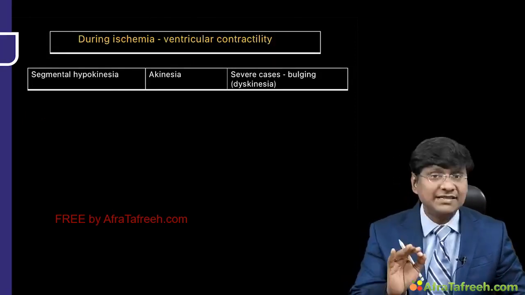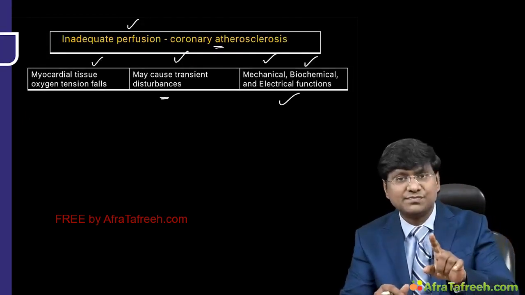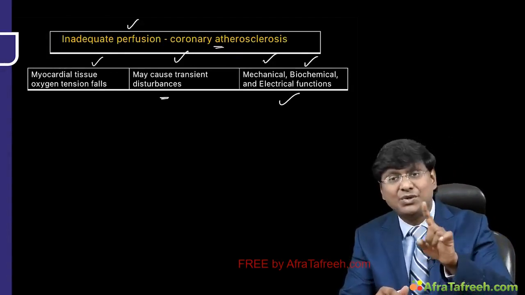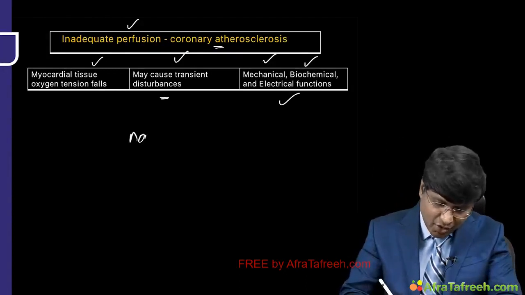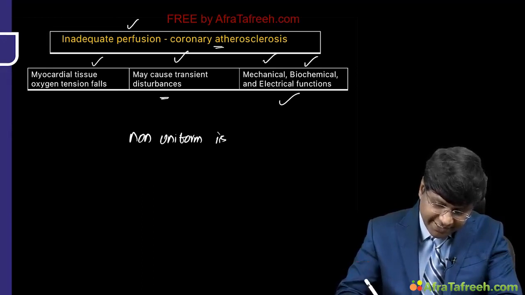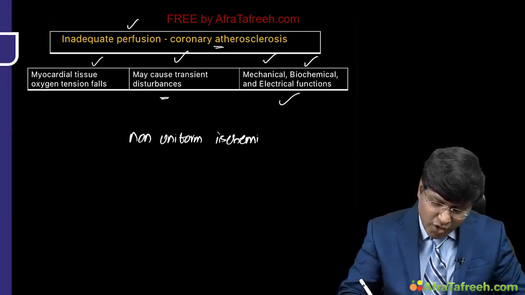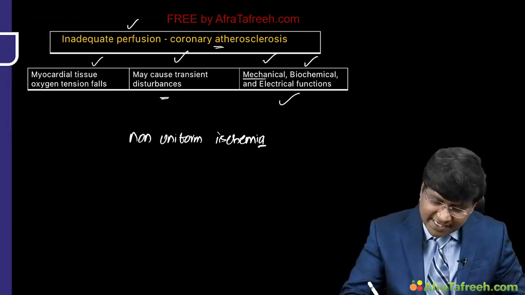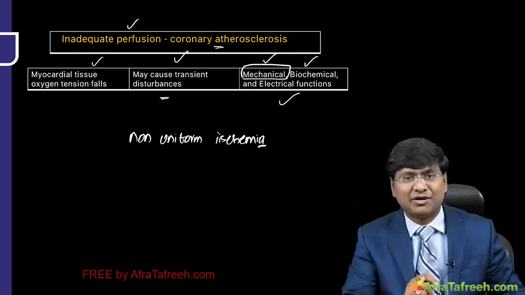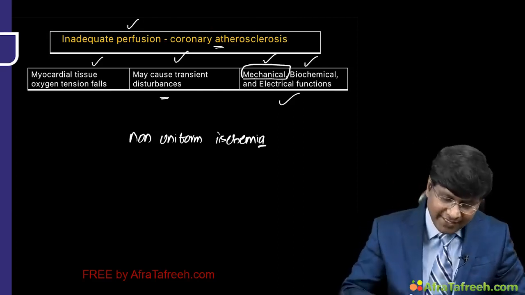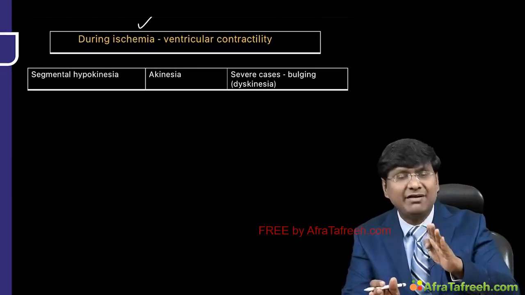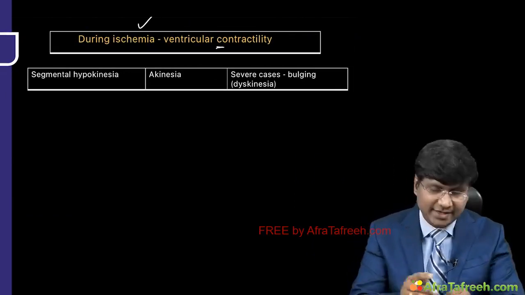And remember, coronary atherosclerosis is a segmental and focal process that usually causes non-uniform ischemia. Now, let us first discuss the mechanical abnormality. During ischemia, there will be disturbance of the ventricular contractility.